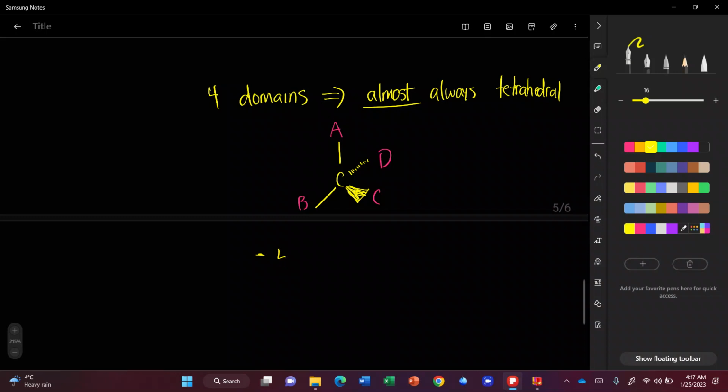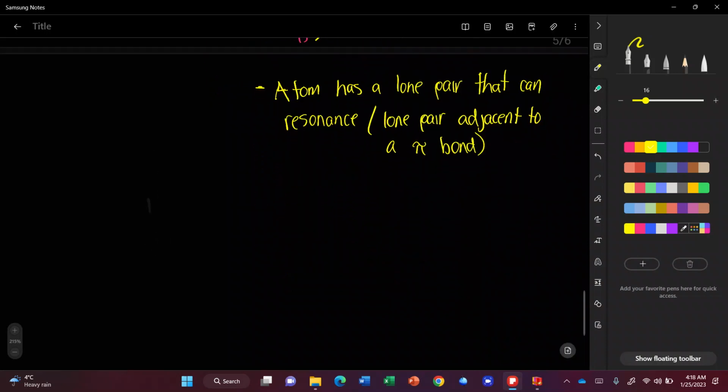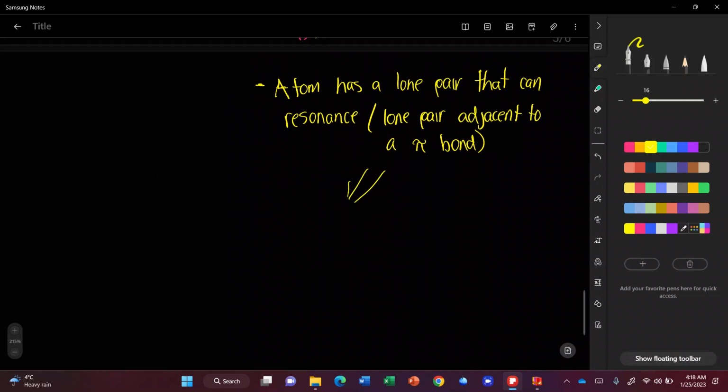So if the atom has a lone pair that can resonate, and I'm going to talk about resonance in a little bit, i.e. it has a lone pair that is adjacent to a pi bond, then even if it has 4 domains, it will actually be trigonal planar.